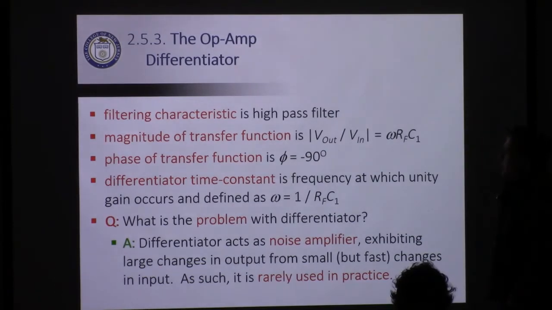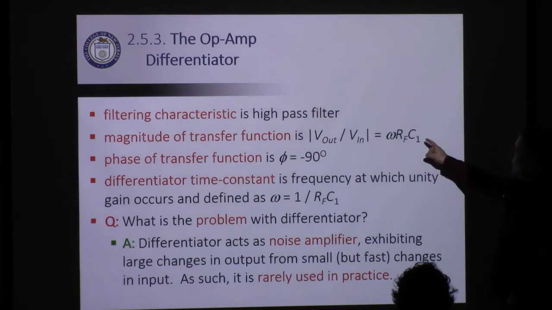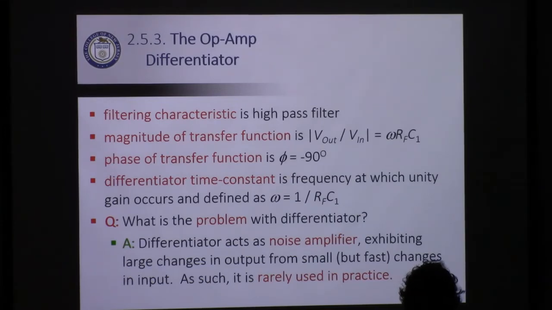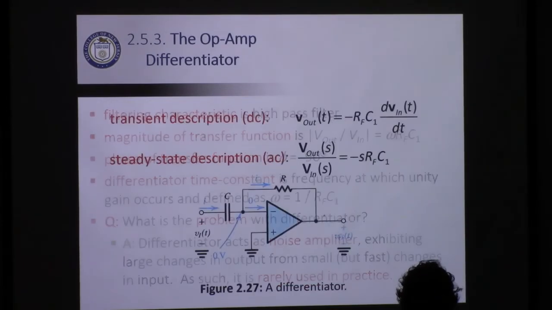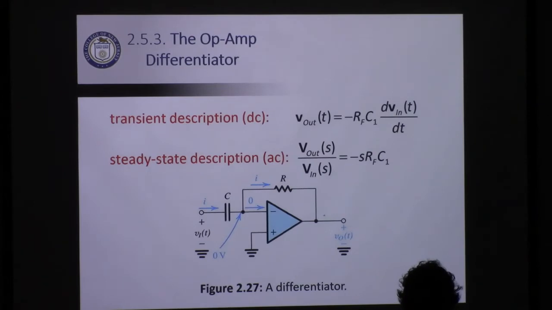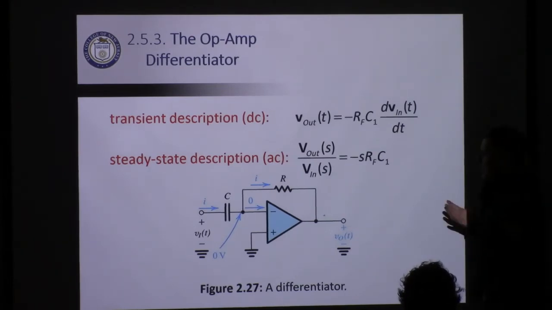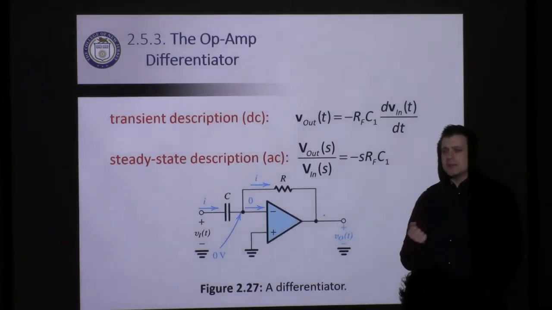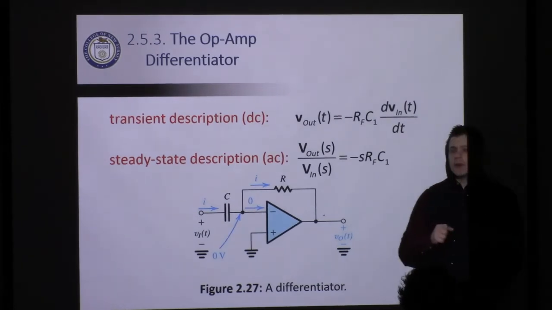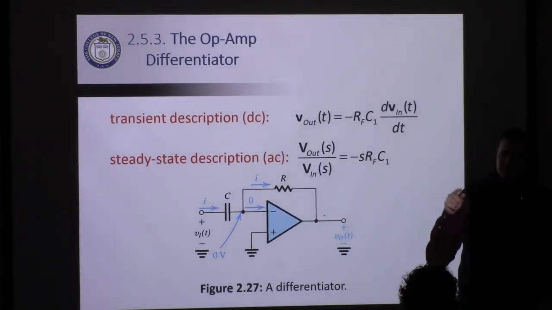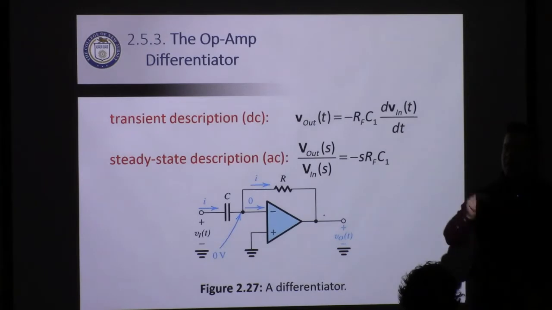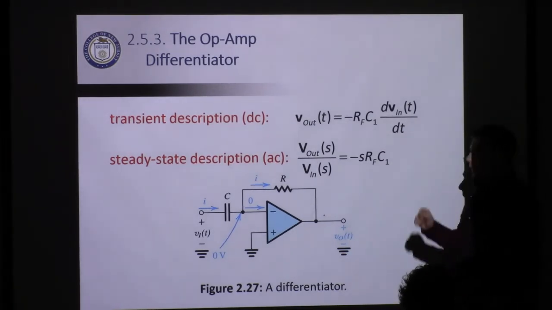The magnitude of the transfer function is shown here, omega R_F C_1, and the phase of the transfer function is negative 90 degrees. Now, let's look at that for a second, because this is something that hopefully you should be able to pick out, but maybe is not completely obvious to everyone. So let's look at this transfer function right here, and let's explain, why is the magnitude omega RC?